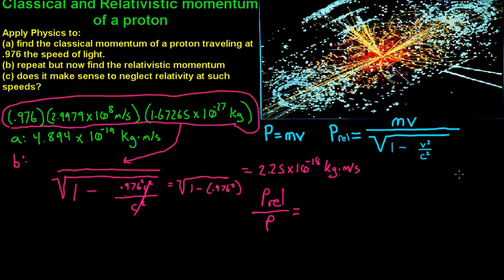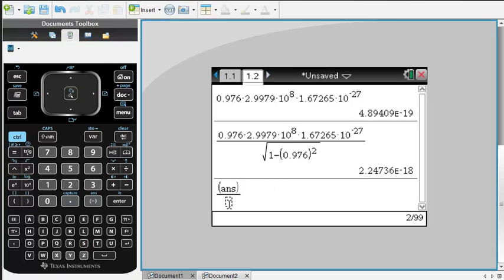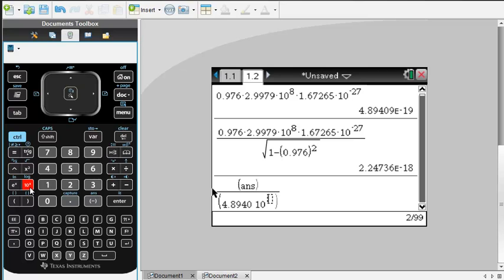Okay, so let's do that. The answer is 2.24736, and you're going to divide it by 4.8940 times 10 to the negative 19th.